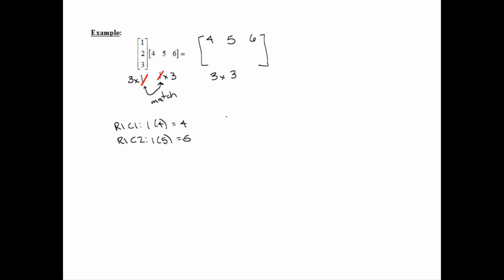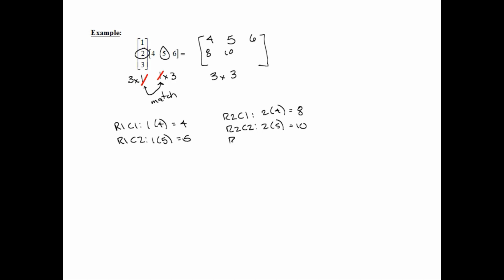Okay, let's do row 2, column 1. Here's row 2, here's column 1. So we get 2 times 4, which is 8. And then for row 2, column 2, what do we get? Here's row 2, here's column 2. We get 2 times 5, which is 10.